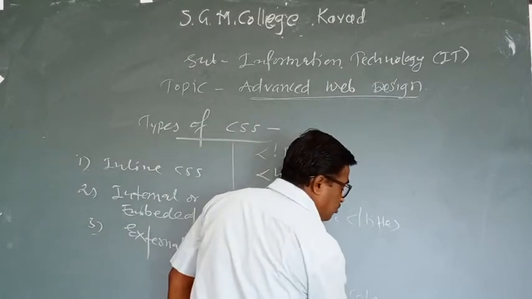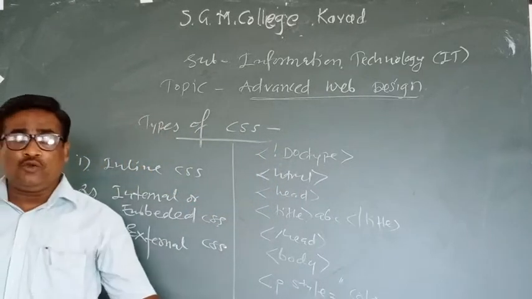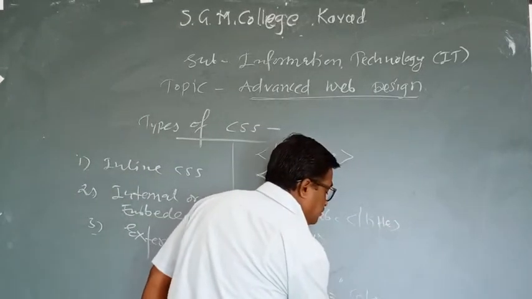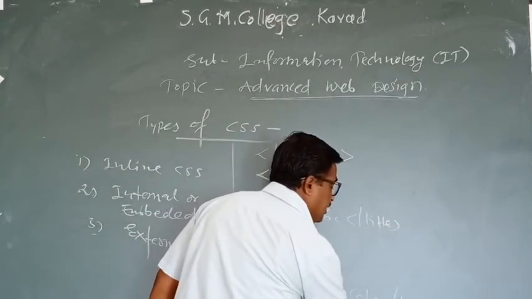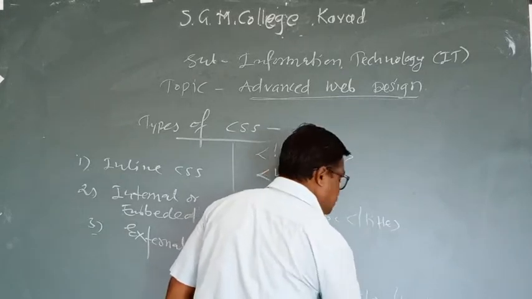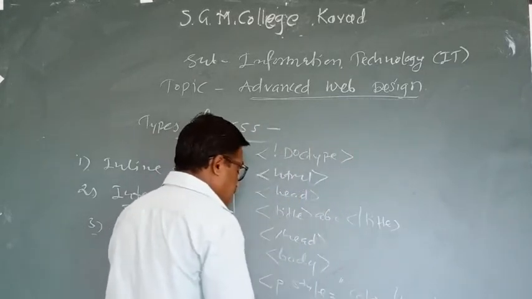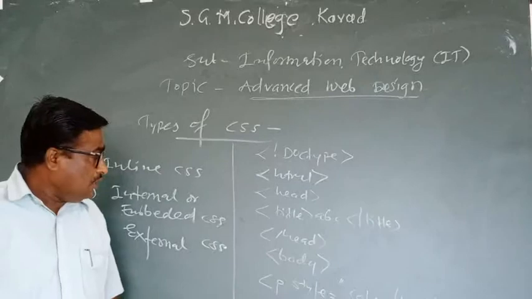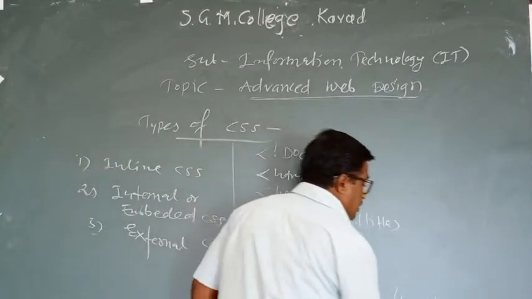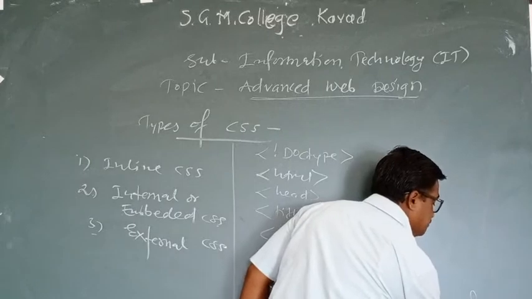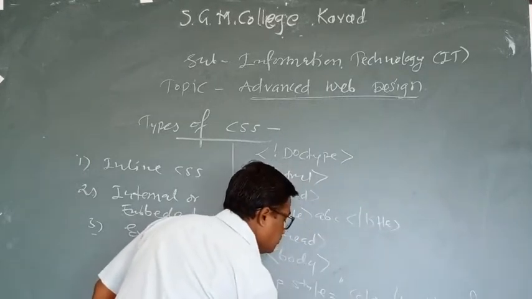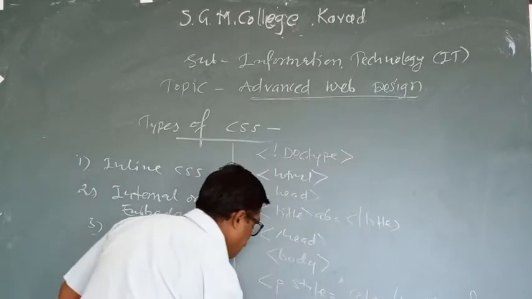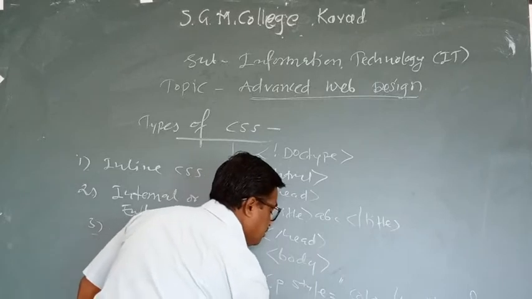Check the spelling of color, C-O-L-O-R, not COLOUR, separated by colon, blue, and end with semicolon, double quotation complete, written within the tag mark. A tag is always denoted in angular brackets. Then we write a sentence, p tag close, body close, html close.